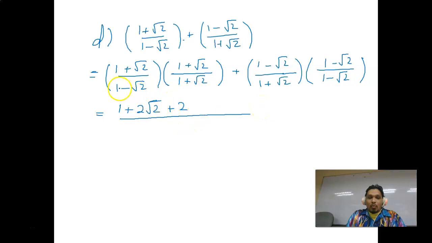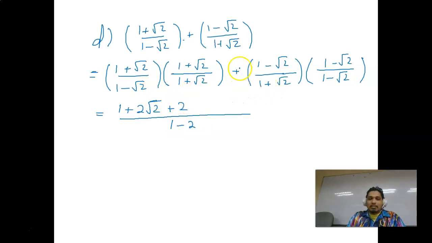So 1 times 1, there you go, and then square root of 2 positive, square root of 2 negative, cancel each other, so then negative multiplied with the positive, negative square root of 2 times square root of 2, 2.